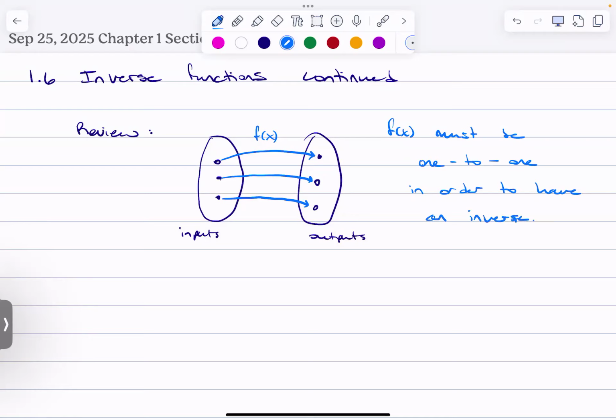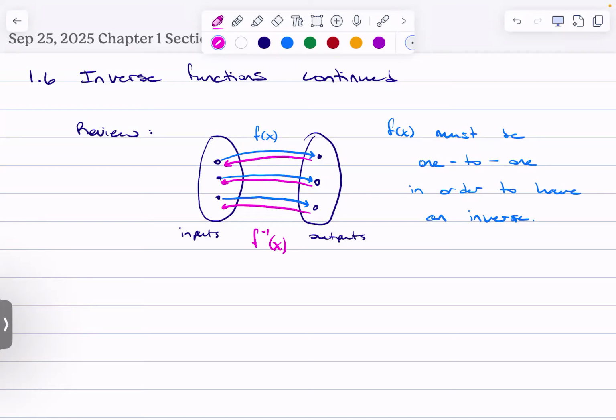Inverse. And that inverse takes the outputs, bless you, and maps back to the inputs. Okay. And we use the notation of f to the power of -1 of x.